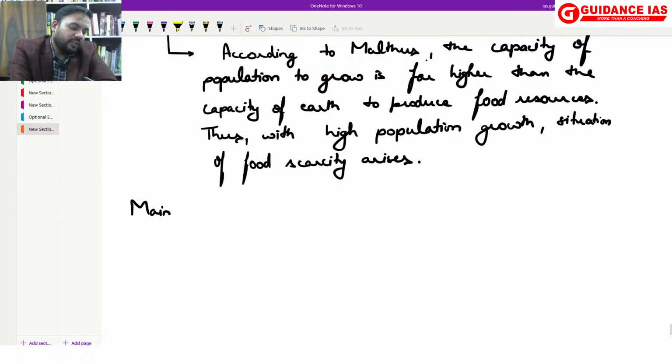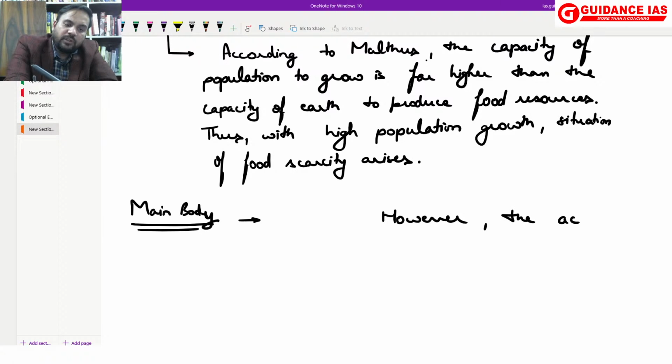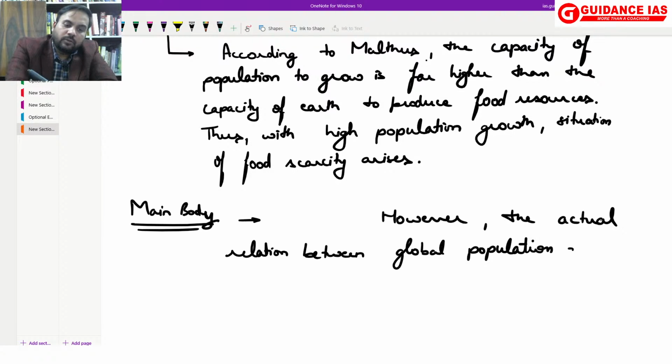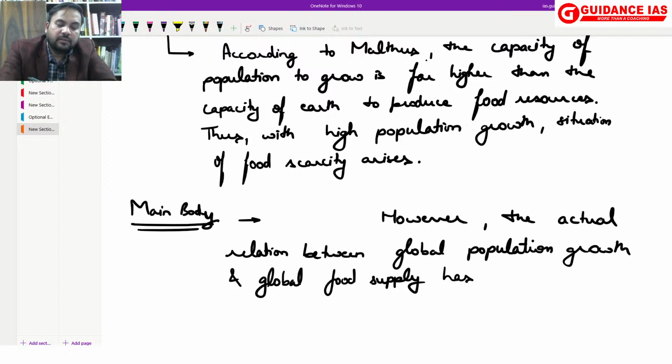And continuing this, we can go on to the main body, and can we say that however the actual relation between global population growth and global food supply has been different.